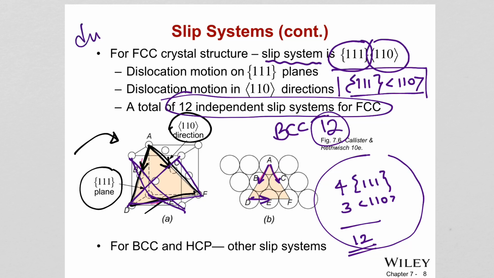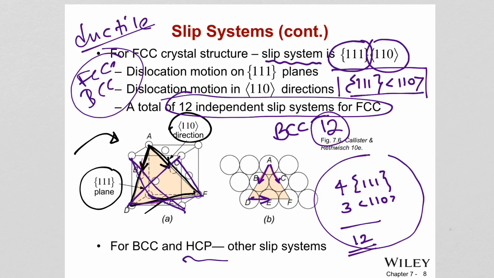So we can say FCC and BCC are relatively ductile materials compared to HCP metals, because if you look at the table, you're going to see HCP has far fewer possible slip systems due to its structure, and therefore HCP metals are quite brittle, not ductile like FCC and BCC.